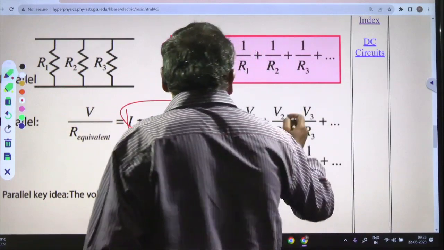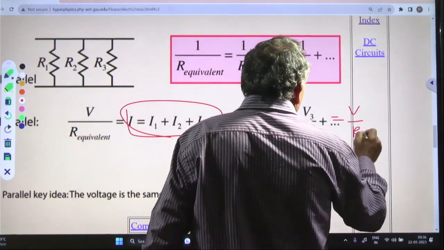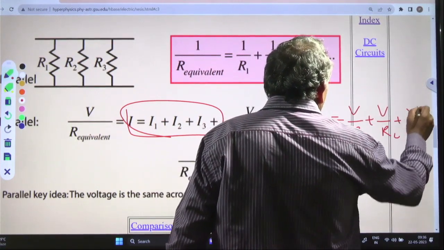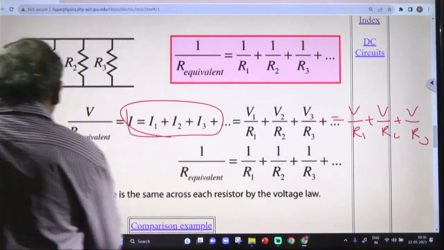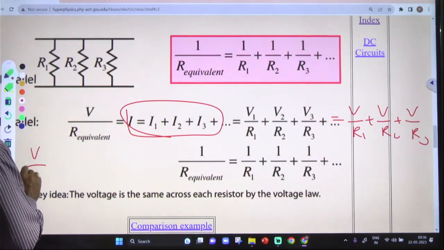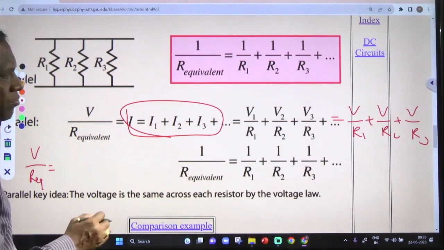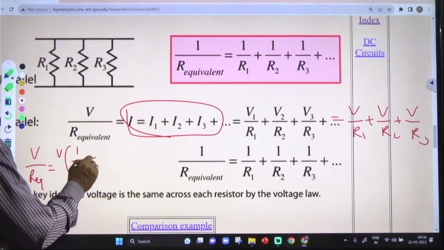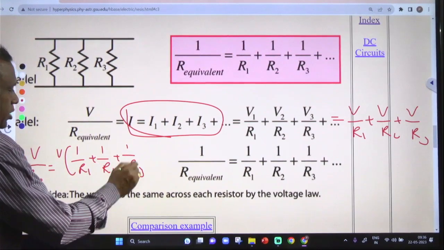I will show you the same step here. V by R1, V by R2 and V by R3. So V by R equivalent equals V, you take common, 1 by R1 plus 1 by R2 plus 1 by R3.